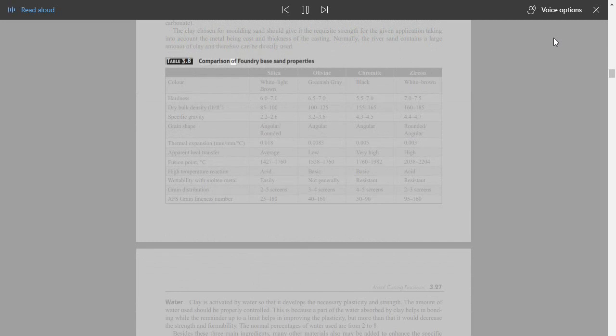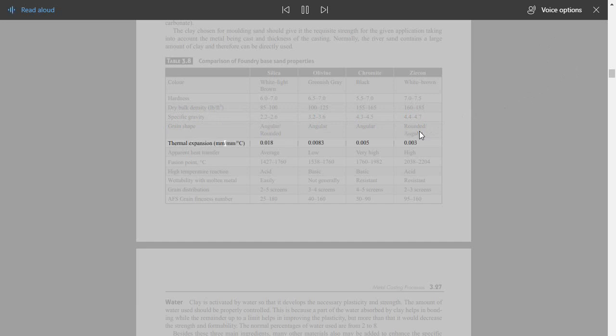Table 3.8: Comparison of foundry-based sand properties. Silica, olivine, chromite, zircon. Color: white, light brown, greenish gray, black, white, brown. Hardness: 6.0, 7.0, 6.5, 7.0, 5.5, 7.0, 7.0, 7.5. Dry bulk density, lb/foot³: 85, 100, 100, 125, 155, 165, 160, 185. Specific gravity: 2.2, 2.6, 3.2, 3.6, 4.3, 4.5, 4.4, 4.7. Grain shape: angular, rounded, angular.